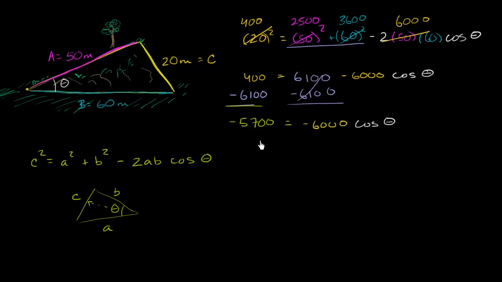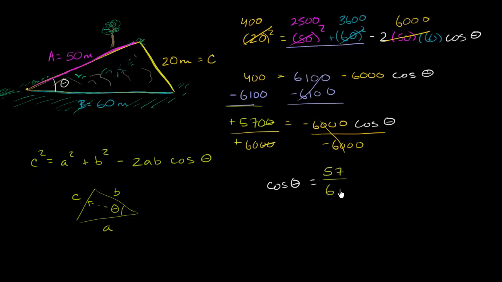Now we can divide both sides by negative 6,000. And I'm just going to swap the sides. We get cosine of theta is equal to, we could divide the numerator and the denominator by essentially negative 100, so these are both going to become positive. So cosine of theta is equal to 57 over 60.